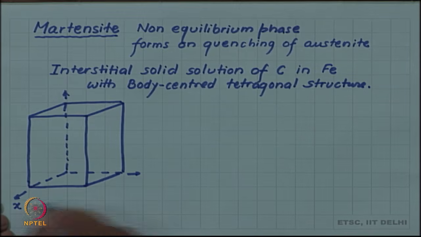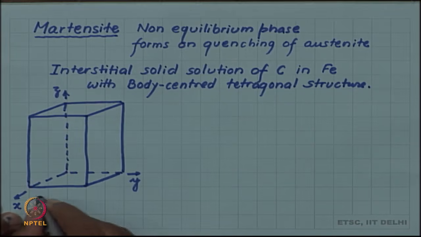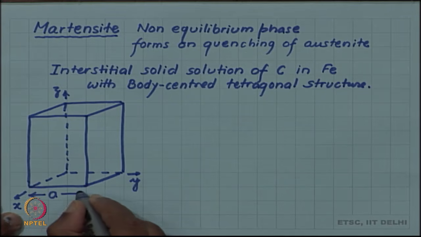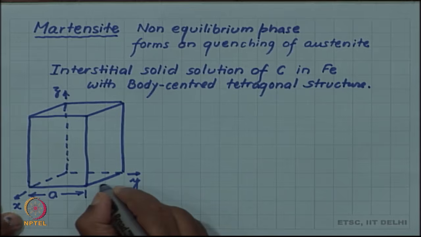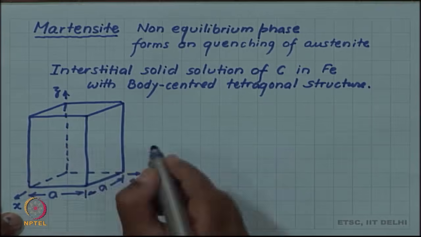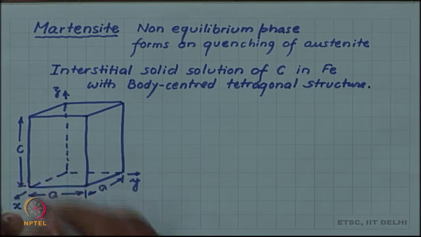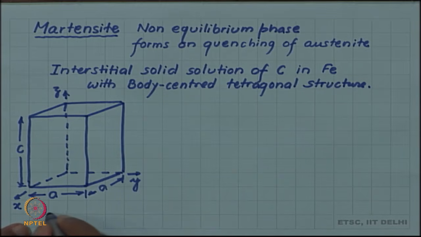So, the lengths along x and y are A, but the length along the z axis is C, and C is not equal to A. If C was equal to A, it will be cubic. C not equal to A gives us tetragonal.